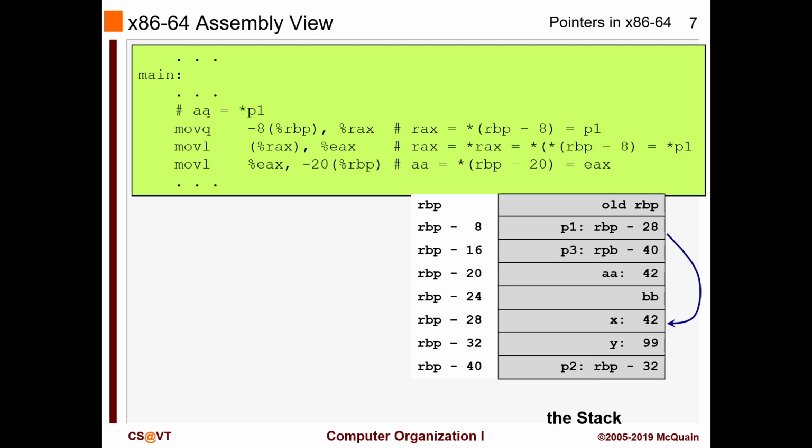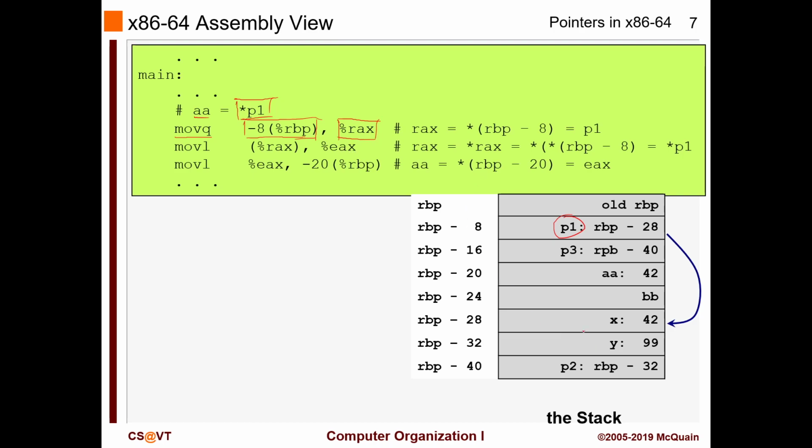The next thing we are trying to do is access the value of P1, the value that P1 is pointing to, which was basically X. Let's see how we are going to do that. The first thing we are going to do is move the value of P1. Our P1 is in RBP minus 8, so we get the value of P1 and put it into RAX.